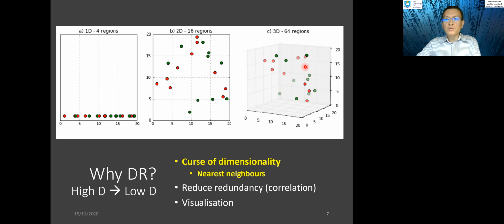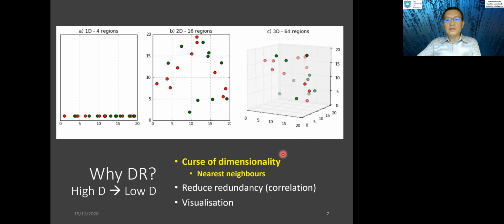And imagine we go to even higher dimensional space, for example, 100 or 1000 dimensional space. In that huge space, basically every point has to have similar distance to each other because the dimension is very high and there are lots of regions to put data points in each cell.